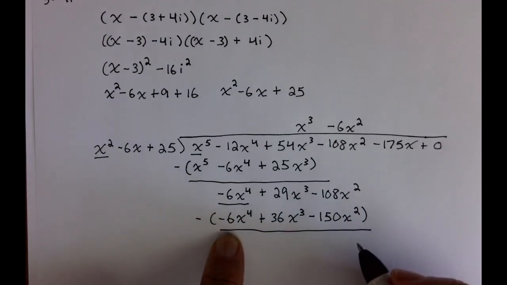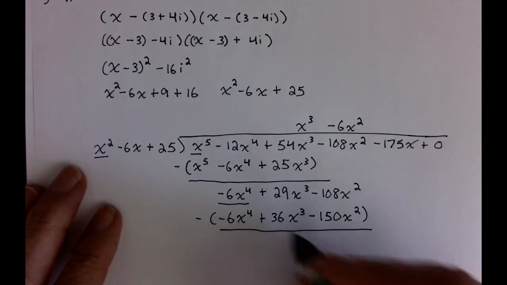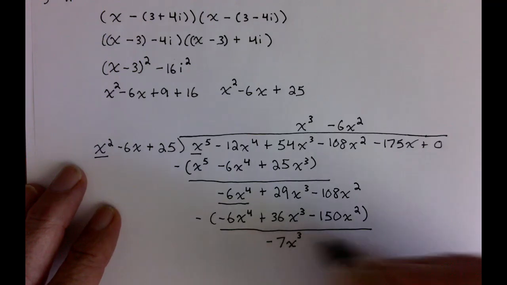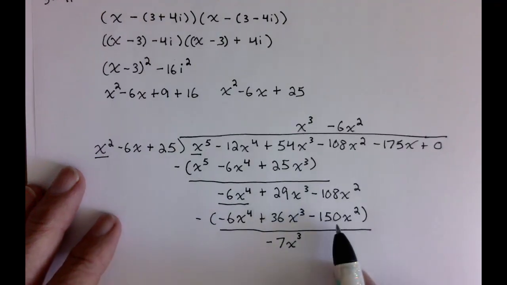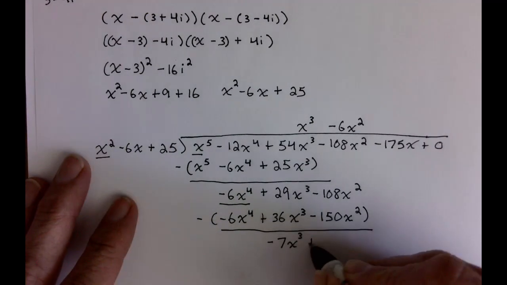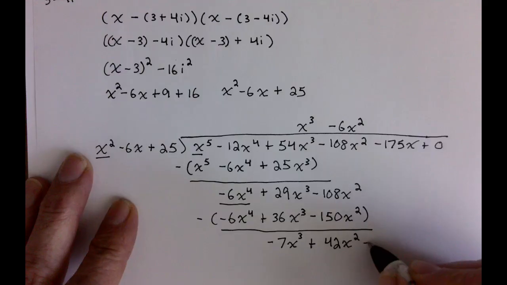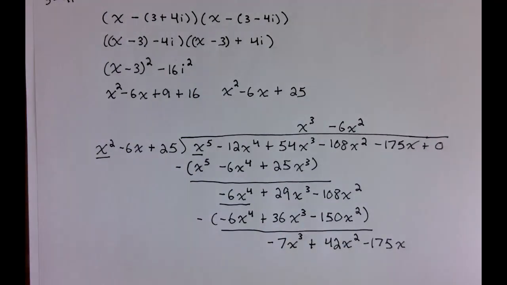These guys undo each other. I got a 29 minus a 36x cubed, so that's going to land me with a minus 7x cubed. And then I've got negative 108 minus a negative 150, so that's going to give me a 42x squared. And now we'll bring down the minus 175x right there. And hope for the best.